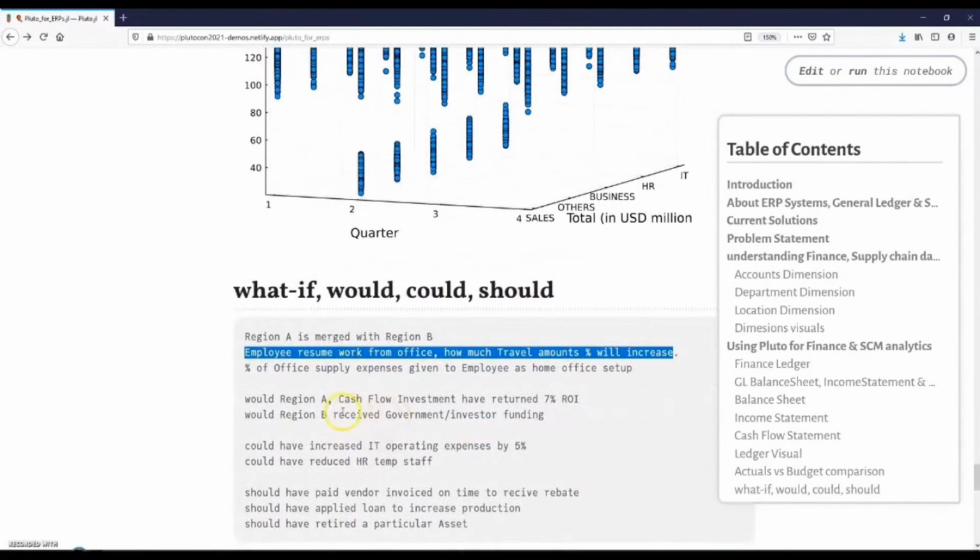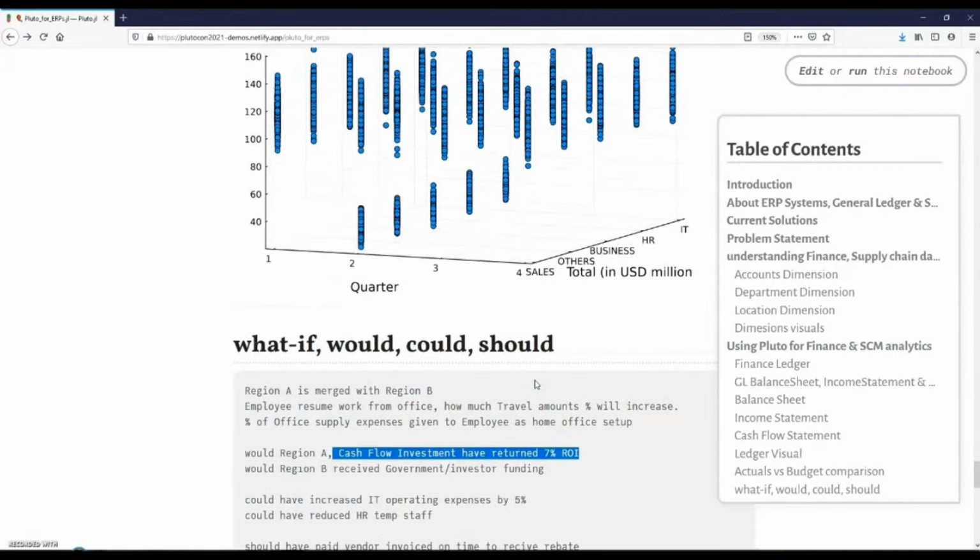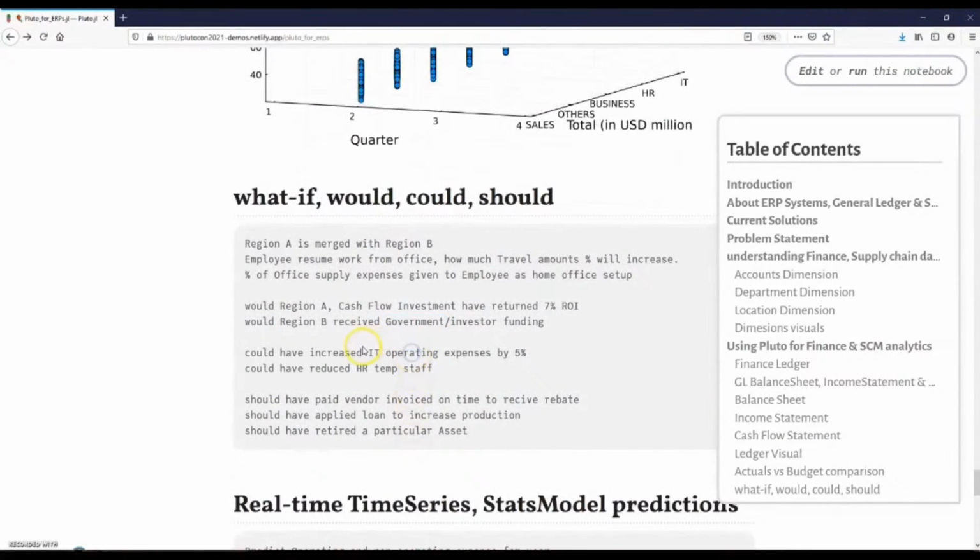Another example is cash flow investment. For example, I want to see my ROI if I would have invested 7% in one particular product or maybe another product. What if I had received some government funding during this pandemic? What if I had increased my IT operating expenses by 5%?